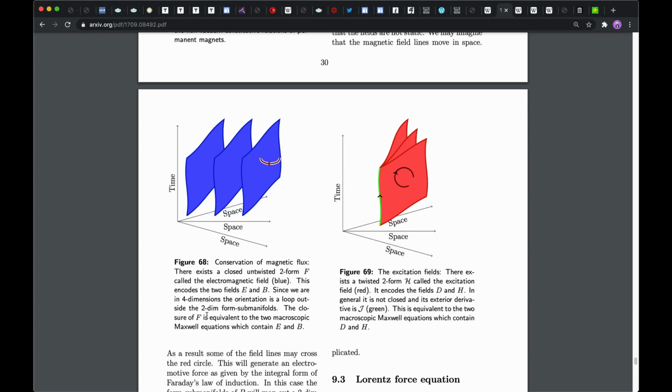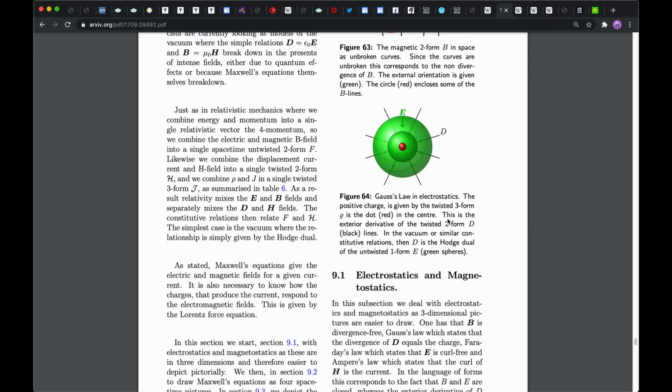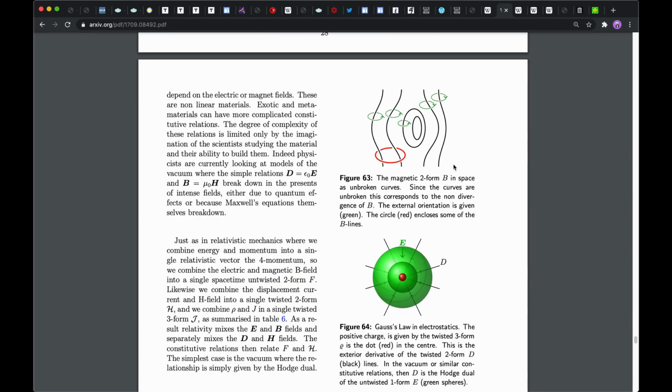But the question is how to understand that. We have those planes in 4 dimensions, and to understand figure 68 we need to take a look at figure 63.